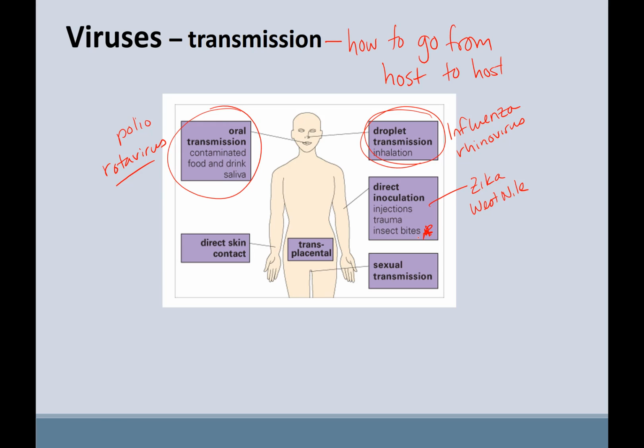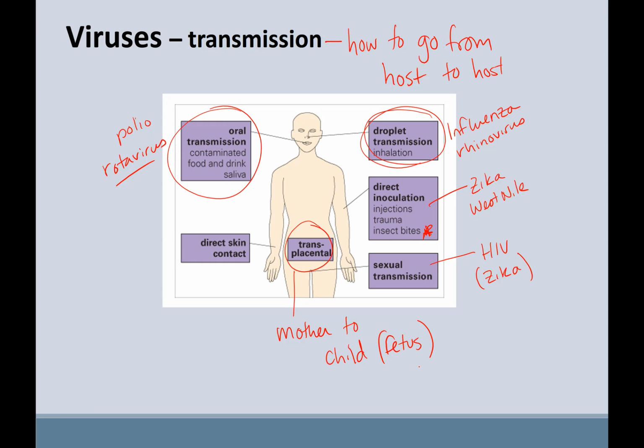Insects, some can carry viruses. We'll talk about that a little bit. Sexual transmission, like HIV, and they're thinking maybe Zika, so bodily fluids. Placental means from mother to child. There are some viruses that can cross the placental barrier and infect the fetus.